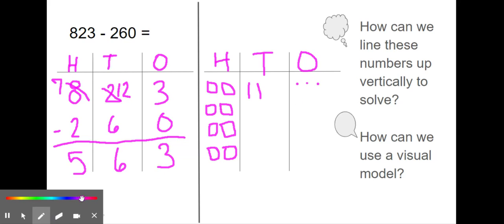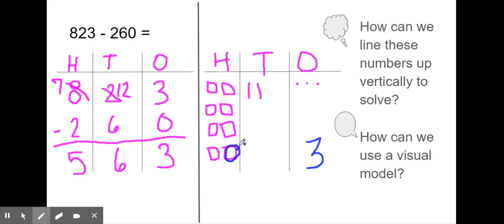Okay, let's start solving. So first I have to take away no ones, so that means I still have 3. I need to take away 6 tens, but I don't have enough tens, right? So that means I'm going to have to unbundle 100 to give it to my tens.